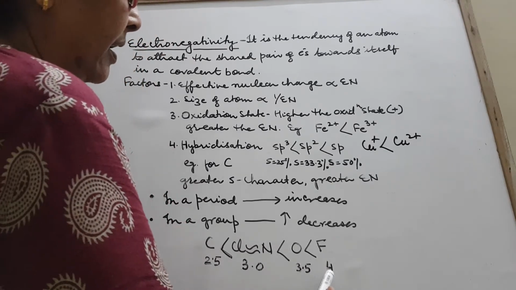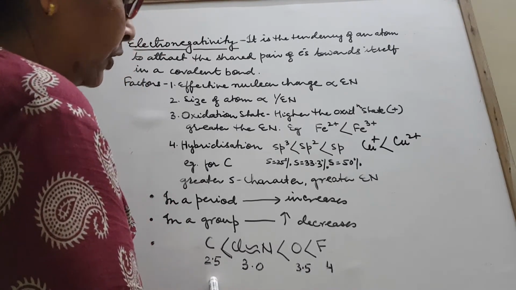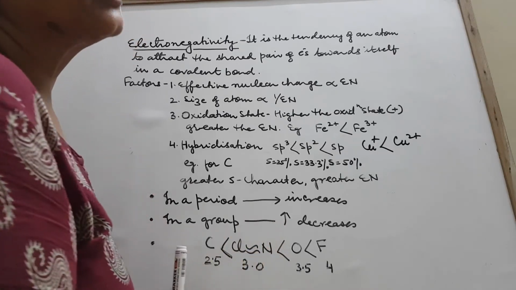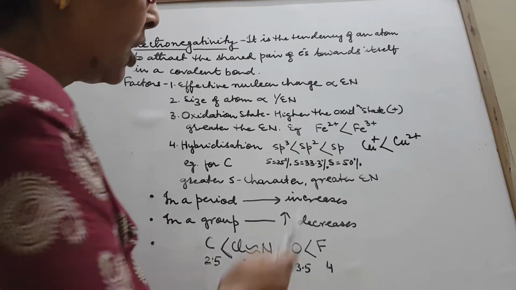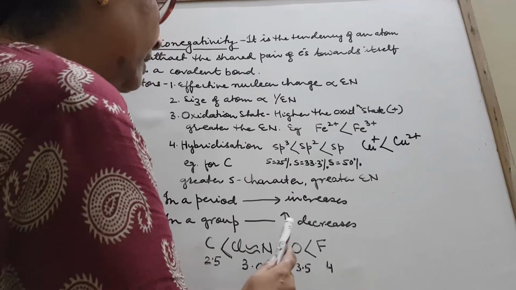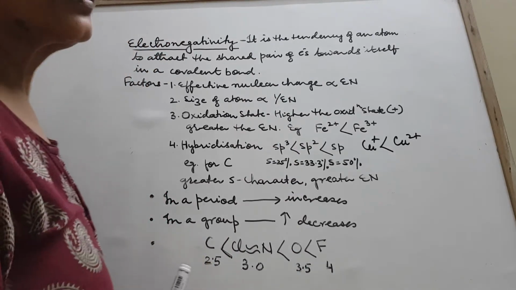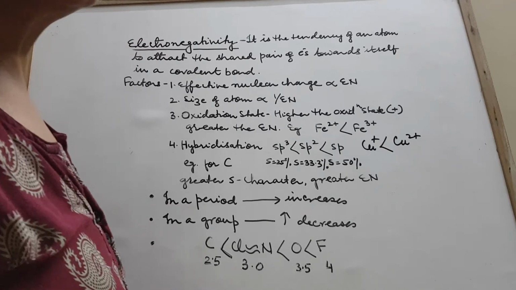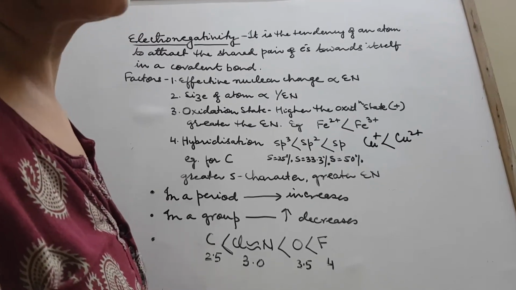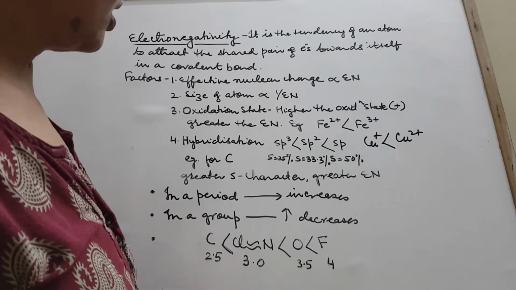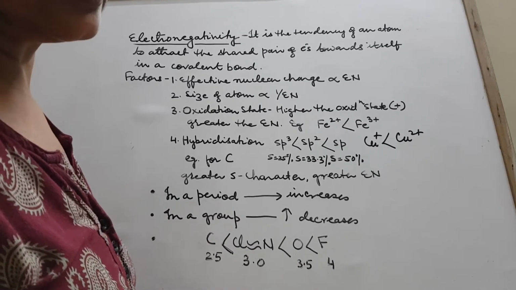Value wise it is 4, 3.5, 3 and 2.5. So first F, then oxygen, then Cl and N both nearly the same, and then C. So this is what we have seen. Inert gases have no tendency to attract electrons. So this is all for your electronegativities.